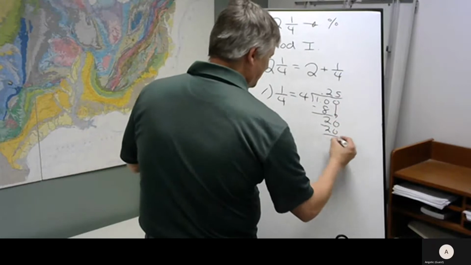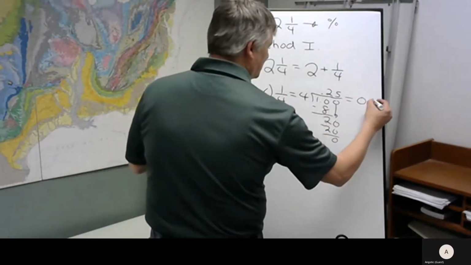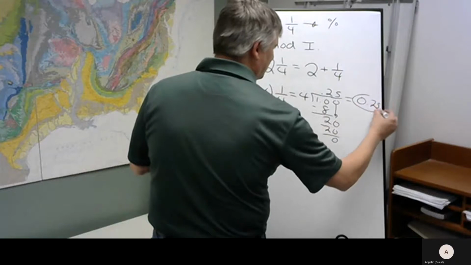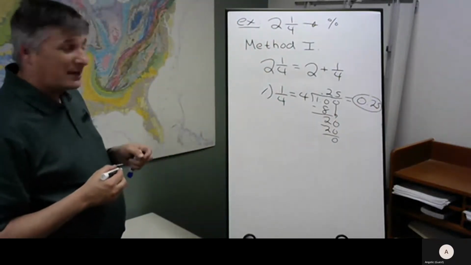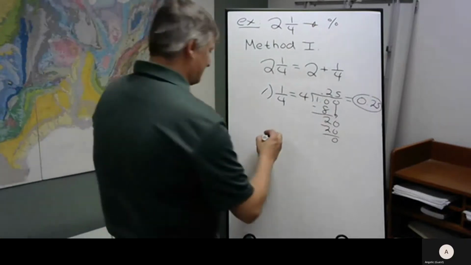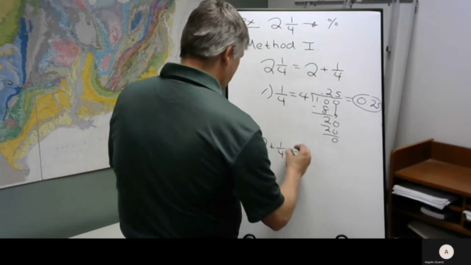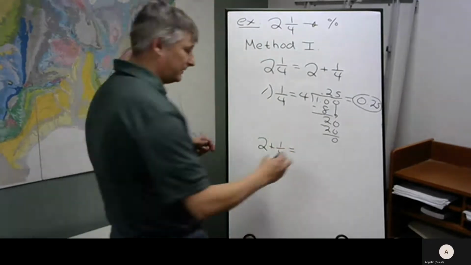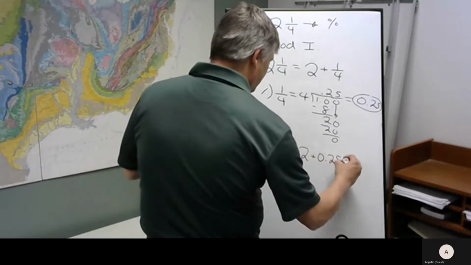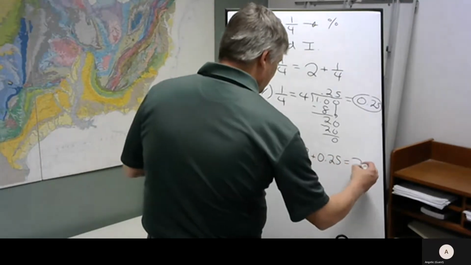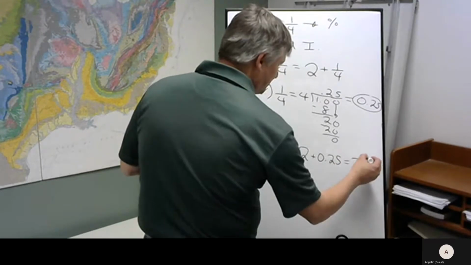No, we did 3/4, I think. So we get 0.25. So next what we're going to do, that means 2 plus 1/4. That's really 2 plus 0.25, or 2.25.